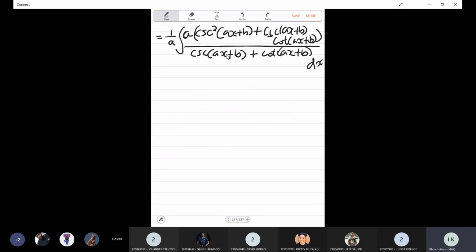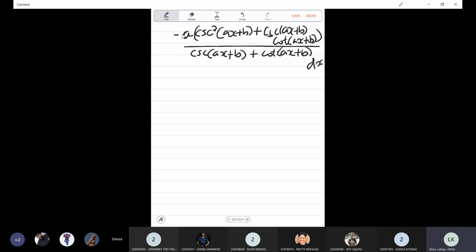The derivative of cosec is negative cosec cot, and the derivative of cot is negative cosec squared. So both of these in the numerator will be negative, and you can factor out the negative. Put a negative there, and then obviously you have to multiply each of them by the derivative of your brackets, which is a. So this one is multiplied by a, and this one is also multiplied by a, which is factorized out. So here I will put, I don't want to have to rewrite this.